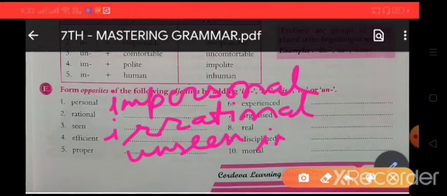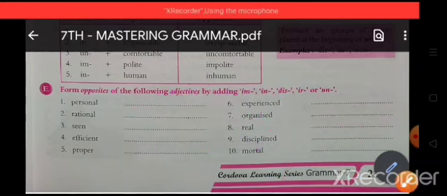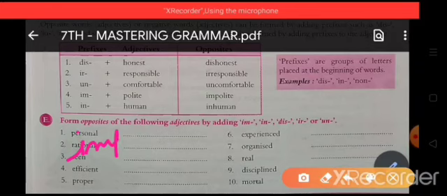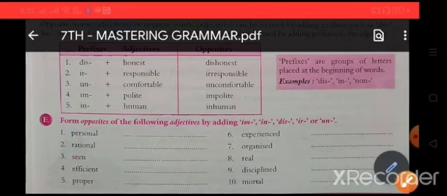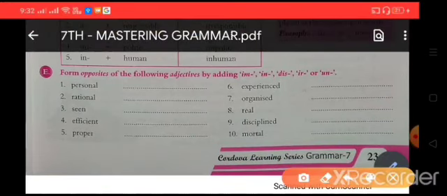Efficient, inefficient. Proper, improper. Now let's move to number 6. Experience, unexperienced.